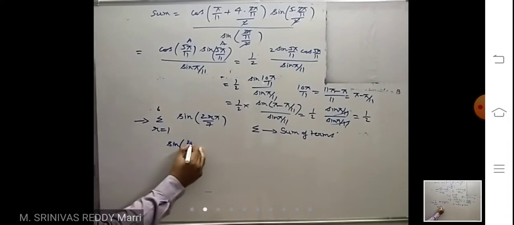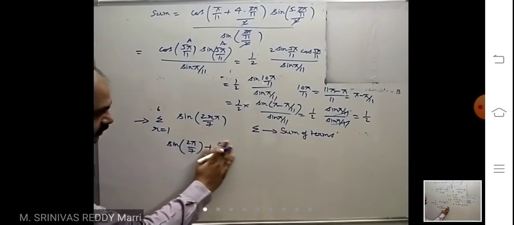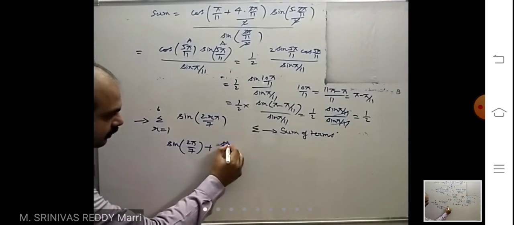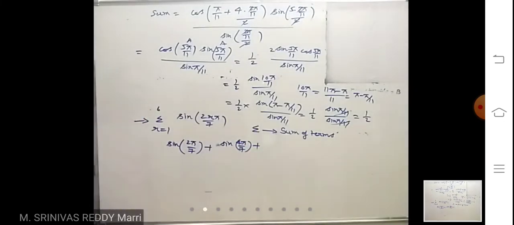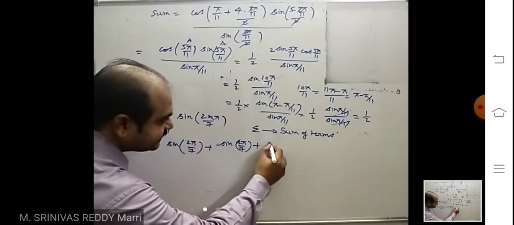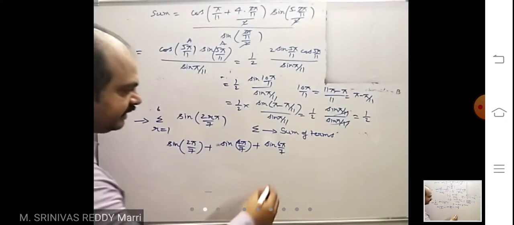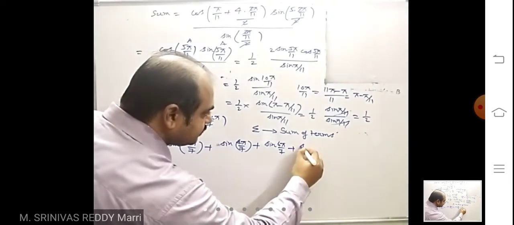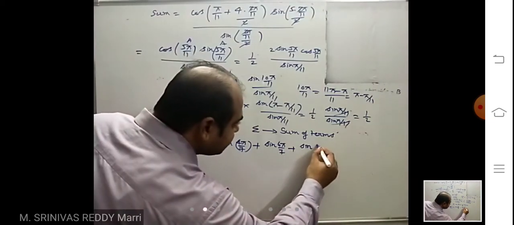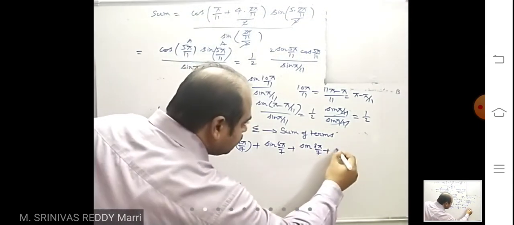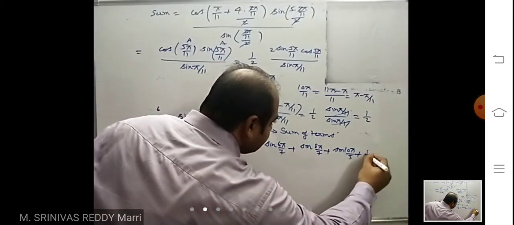If r equal to 1, what you will get? Sine 2 pi by 7. R equal to 2, you substitute, sine 4 pi by 7. Next, r equal to 3 till 6: sine 6 pi by 7 plus sine 8 pi by 7 plus, r equal to 5, sine 10 pi by 7.